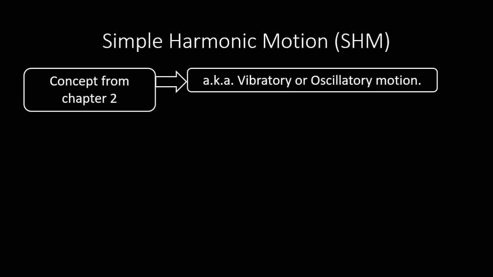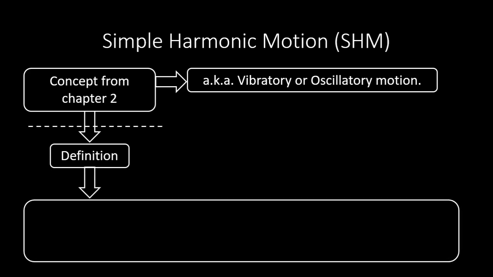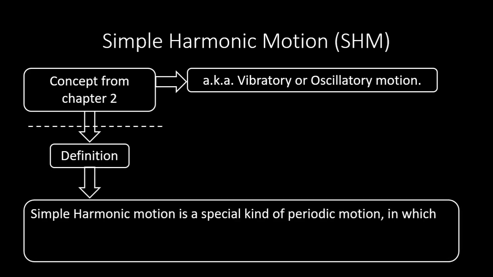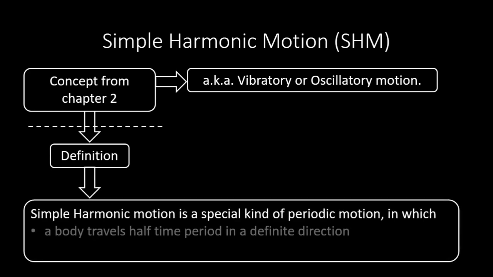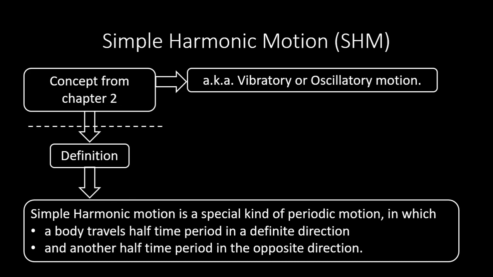At first, when we define simple harmonic motion, we recall the concept from chapter 2, that it is also called vibratory or oscillatory motion, and its definition is: it is a kind of periodic motion in which a body travels half time period in a definite direction and another half time period in the opposite direction.